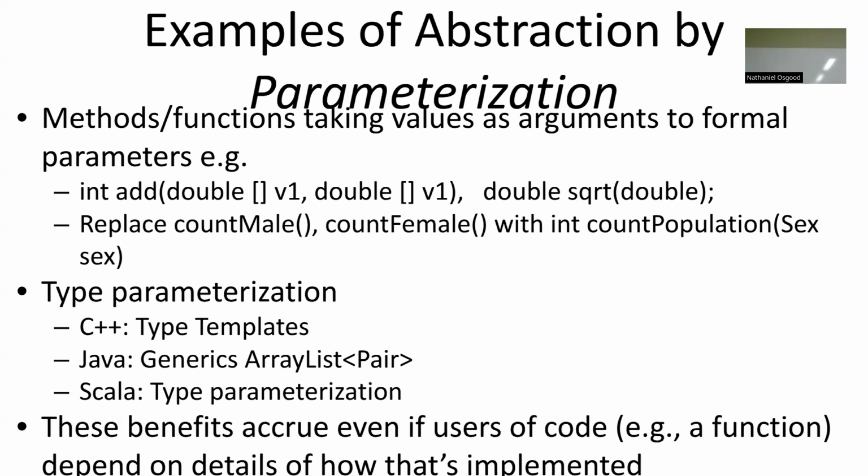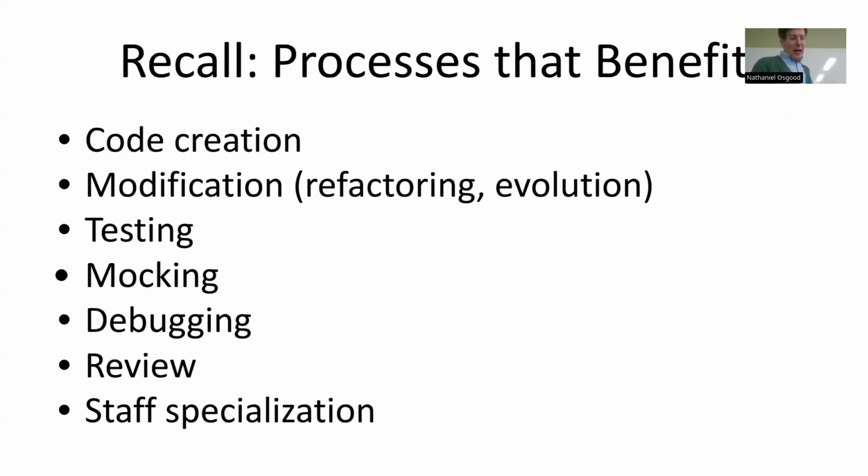And we can have type parameters that allow us to have a linked list of fill in the blank, of pairs or what have you, right? Okay, so I would hope that this process is so familiar, it doesn't really need much mention.